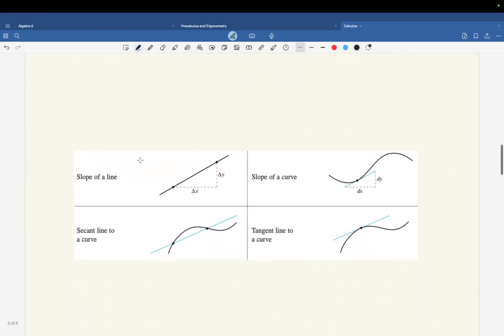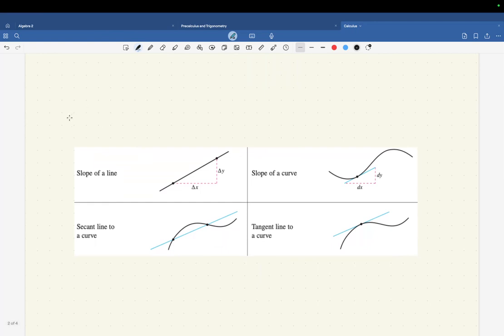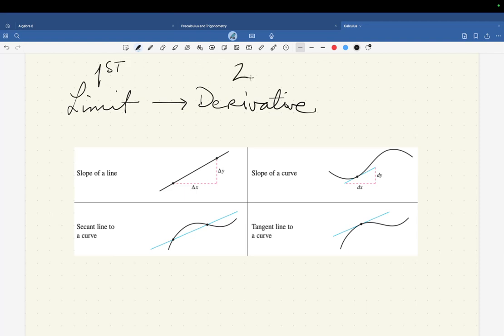As we continue, we're going to use that idea of a limit, and we're going to find the derivative. And what is the derivative? So, first major concept in calculus, and then the second major concept in calculus.